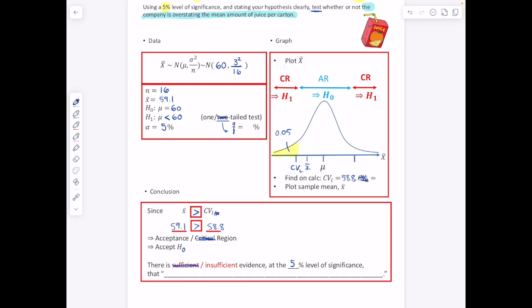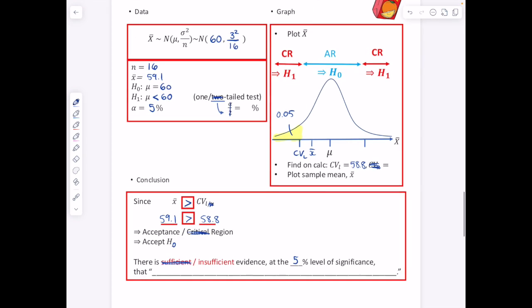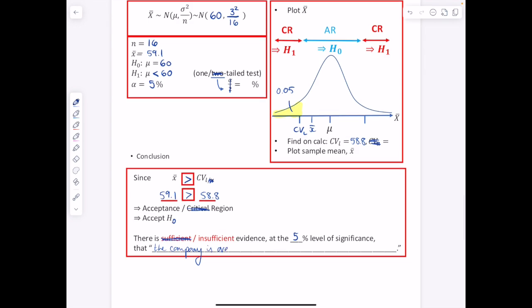We're not just good at the maths, we also can put it into context. And that's it.